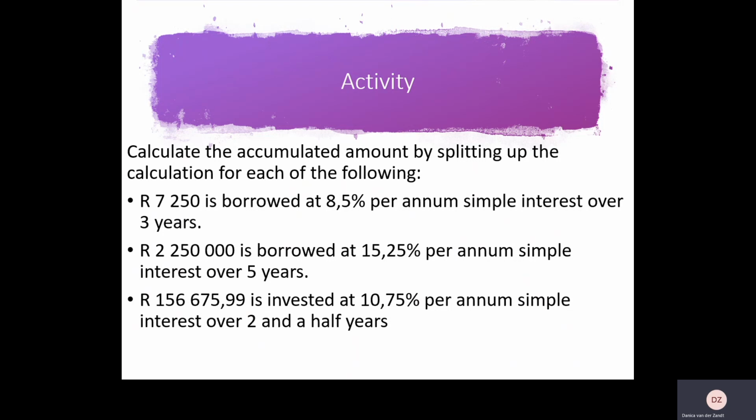So like I said, either the decimal, which would be 0.085, or you're using 8.5 with the percentage sign. And therefore my accumulated amount is my 7,250 plus the interest that you just calculated.